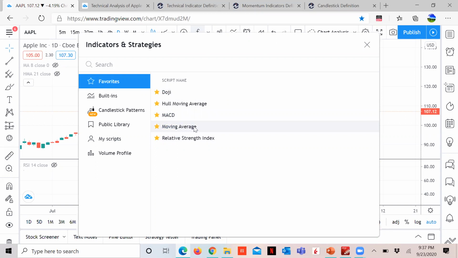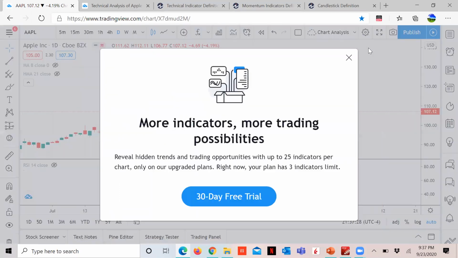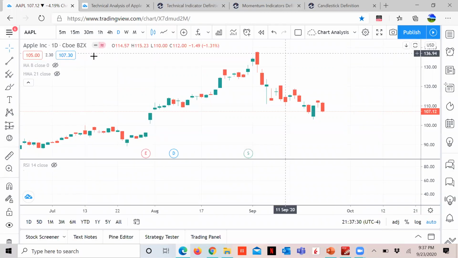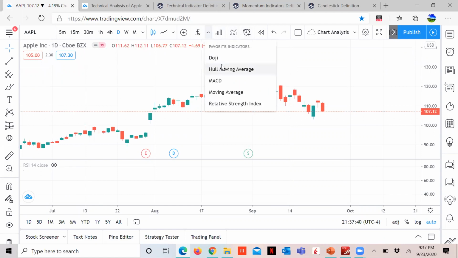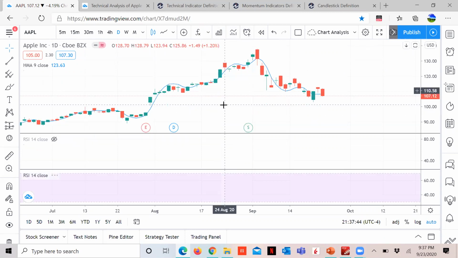So a simple strategy on the moving averages, if you don't understand the whole thing, just a simple thing. Let me just turn on the Hull moving average, just to give you an idea. Turn this off. Turn on Hull moving average, then turn on RSI.